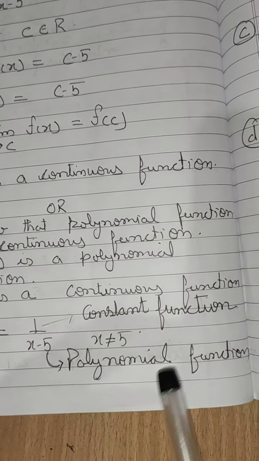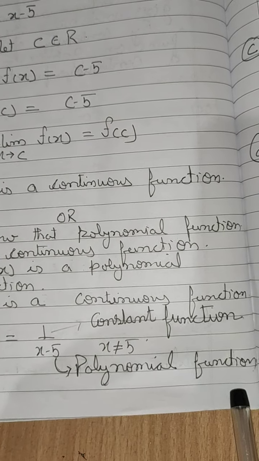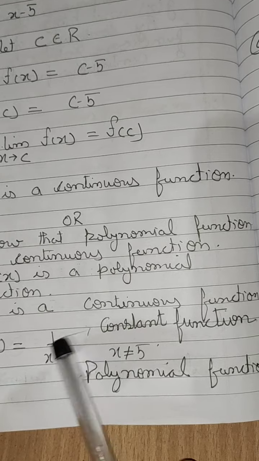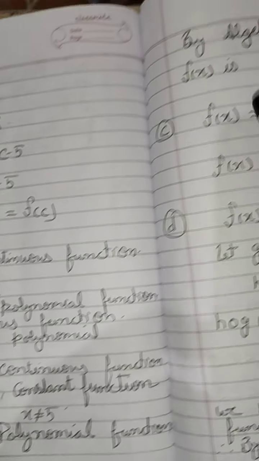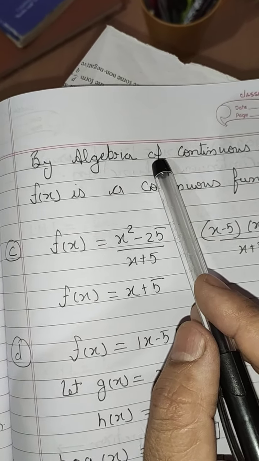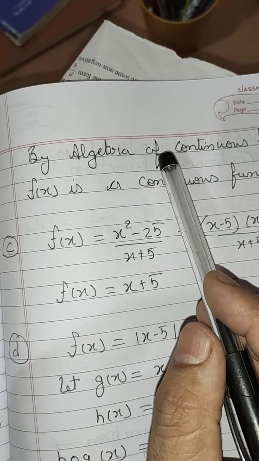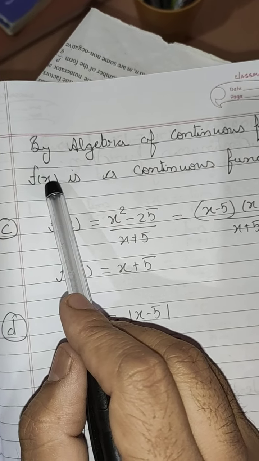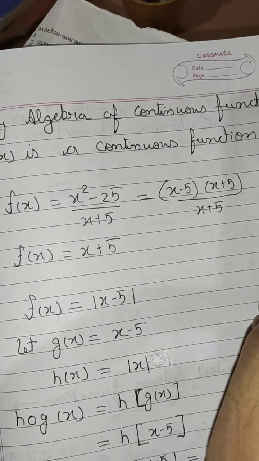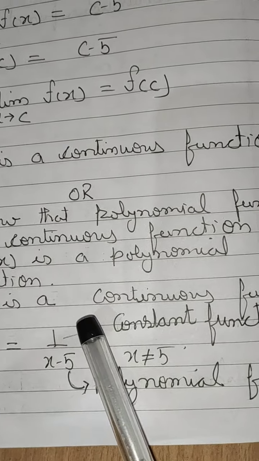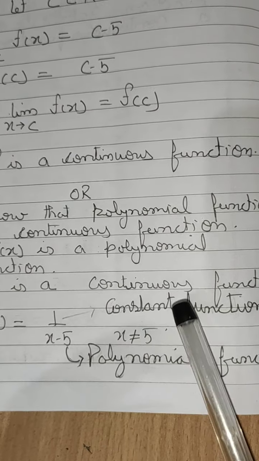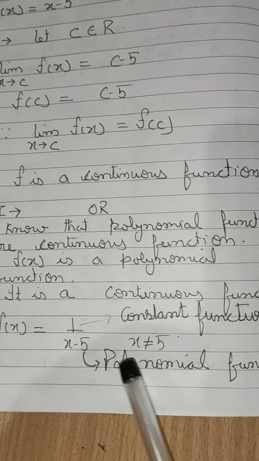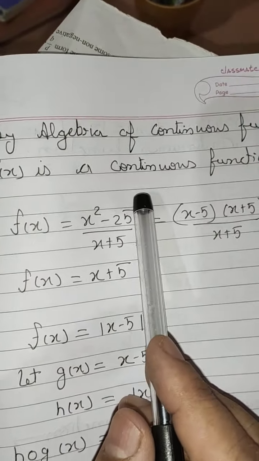We know that constant and polynomial functions are continuous, and x is not equal to 5 is already given, so it is continuous at all real numbers. By the algebra of continuous functions, when we divide a continuous function by another continuous function, the resultant function is also continuous. So f(x) is a continuous function: constant function divided by polynomial function, both continuous, so by algebra the result is also continuous.